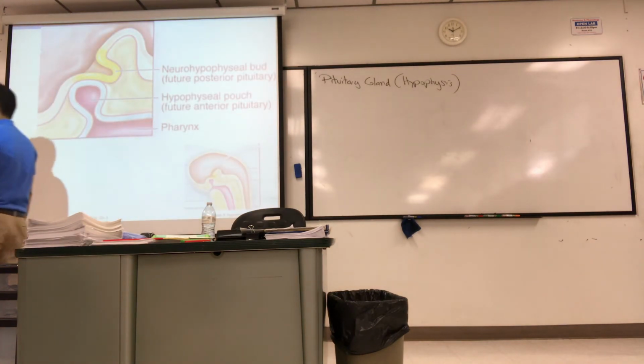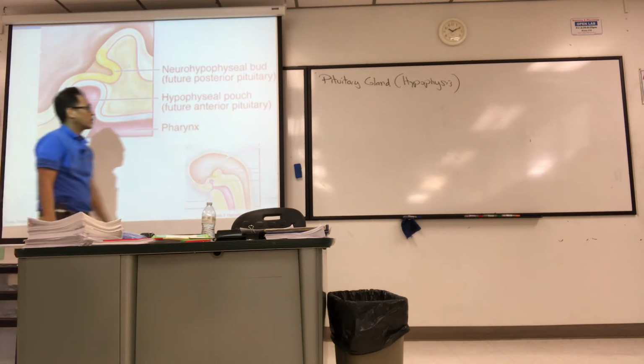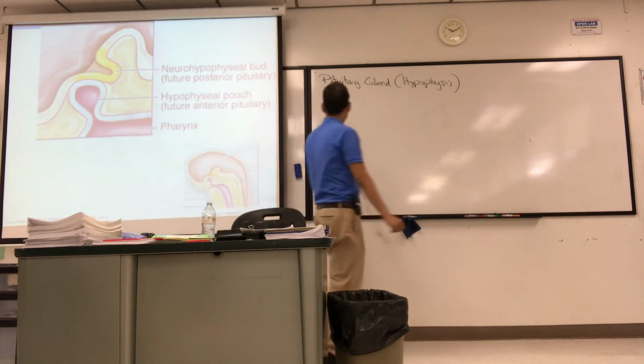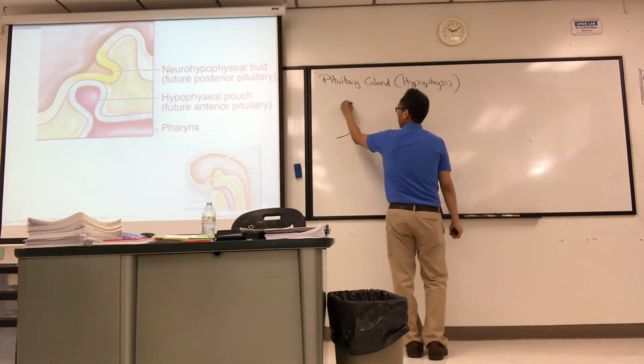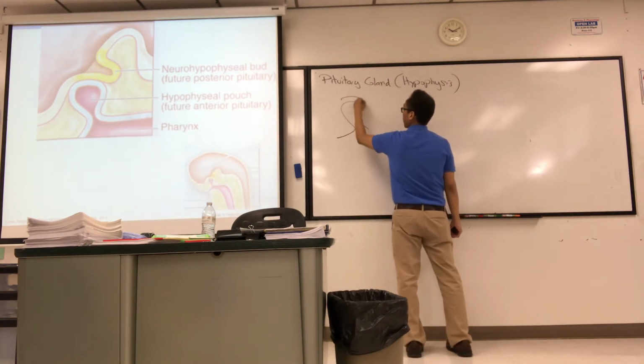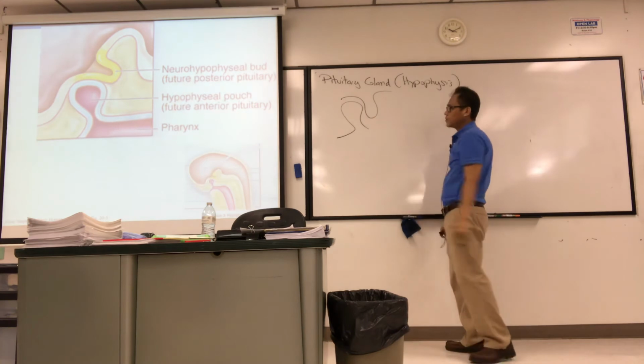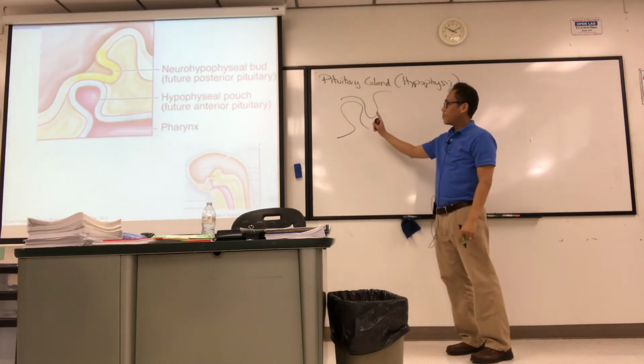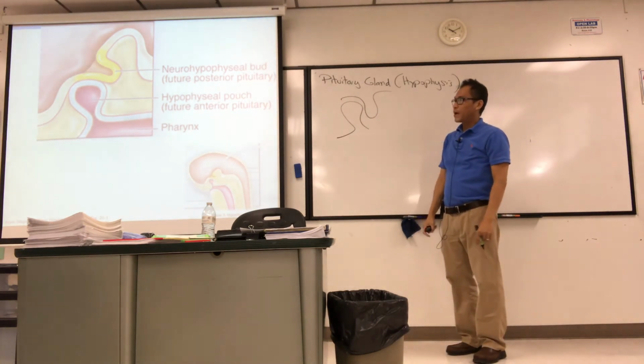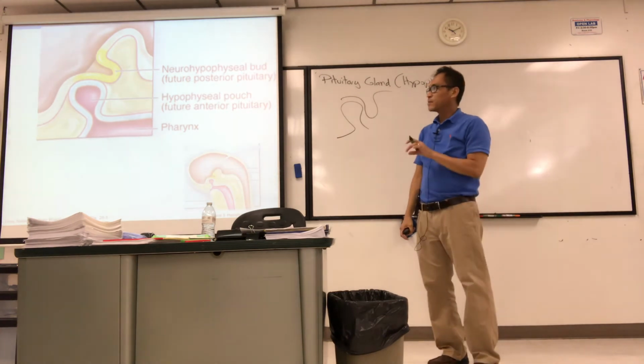This slide is showing you the embryology development, about 3 weeks development. And basically what you're seeing is an upgrowth and a downgrowth. Upgrowth, downgrowth. That's useful to know. The upgrowth is the future anterior pituitary, and it's the different tissue.